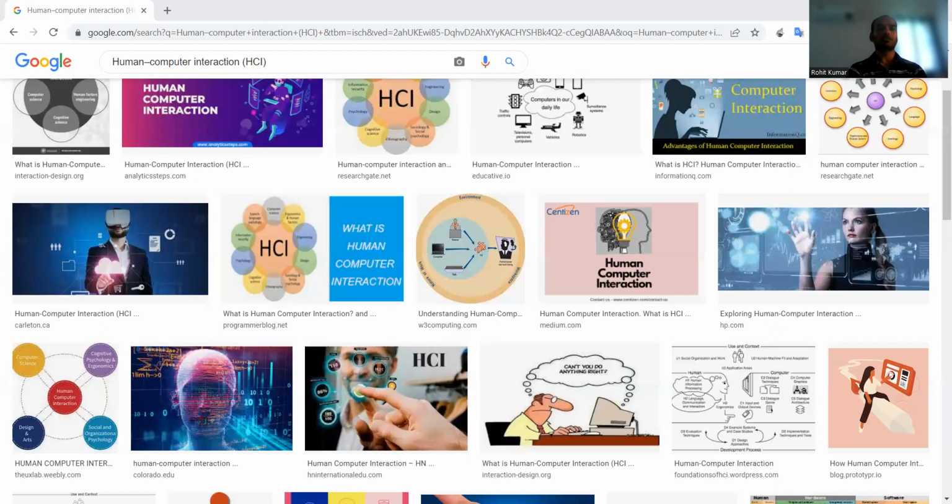So if you want to be technologically way ahead, you need to focus on human computer interaction, because ultimately a lot more of the population out there is not technically efficient. That's why you need to make at least a very simple but efficient design to propose this futuristic concept of human computer interaction. So with these words, I'm going to close this video.